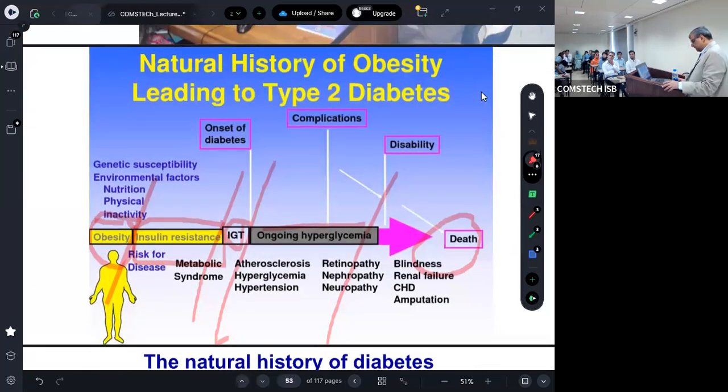As you see there, the complications start from and develop along with the ongoing hyperglycemic condition. But when we give this dose of chemical, the animals abruptly get induced diabetes. So how can we say that the complications follow exactly the same path as in the physiology?